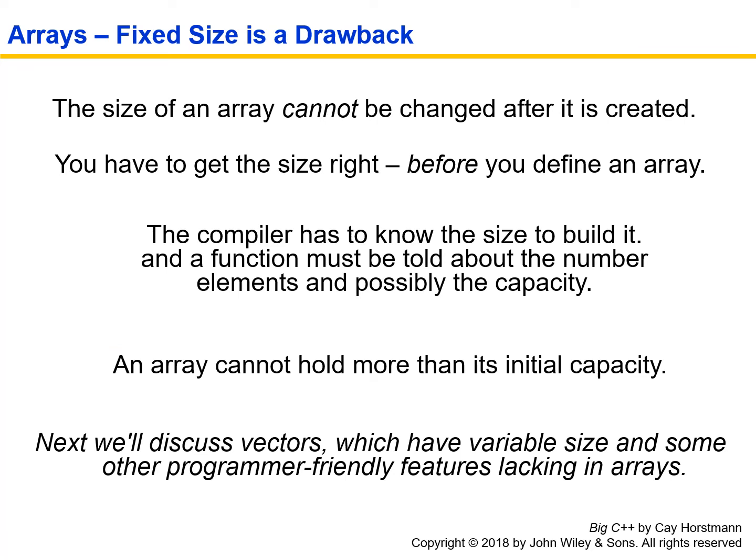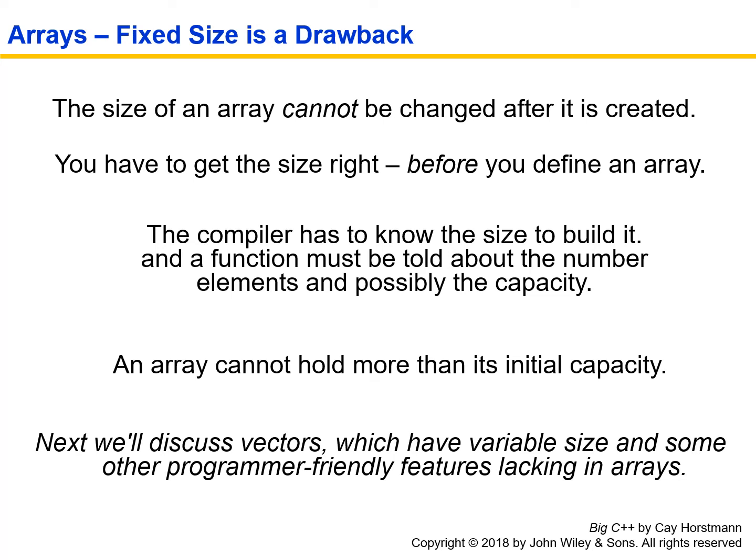Arrays have a problem. The size of an array cannot be changed after it is created, and it is created at compile time, not at runtime. So you have to get the size right when you're defining the array in code. In other words, the compiler has to know the size to build the array.